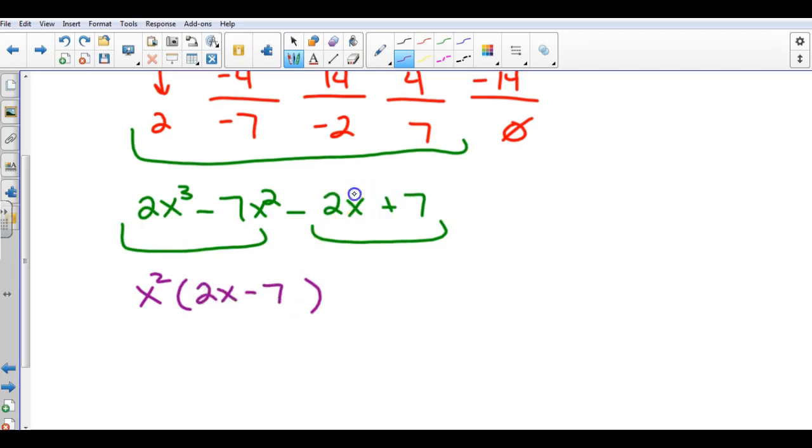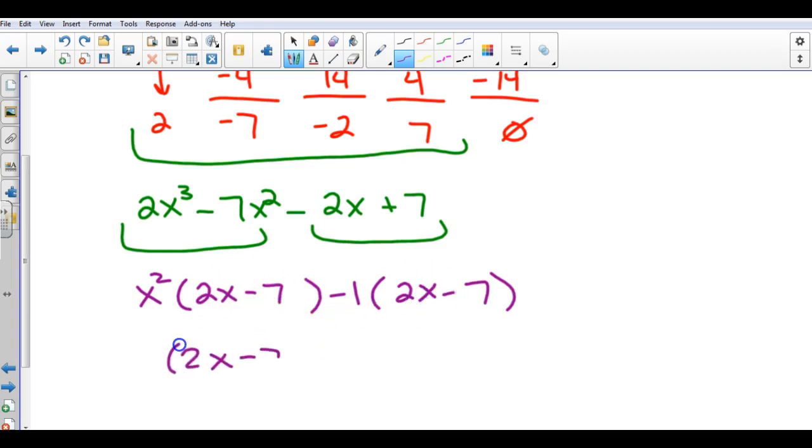And then here, I can't take a whole number out of both of these, like a 2 I can't divide out of both. So all that I'm going to be able to do is take out the negative 1. So divide both of those terms by negative 1. So negative 2x divided by negative 1 is positive 2x. And then positive 7 divided by negative 1 is negative 7. And that's how we end up getting this factor in common with both of them.